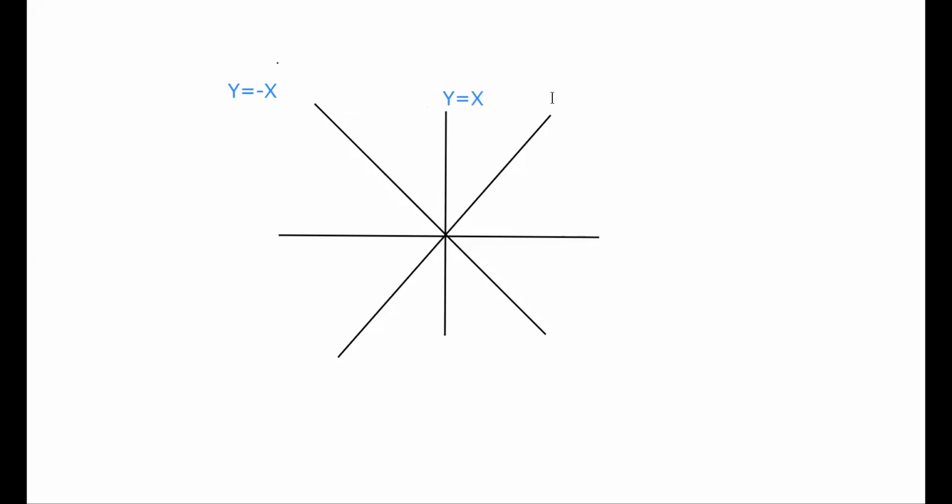What about the line here? Sorry, this is not y equal to x, of course. This is the y-axis itself. Y equal to x is the one in here.